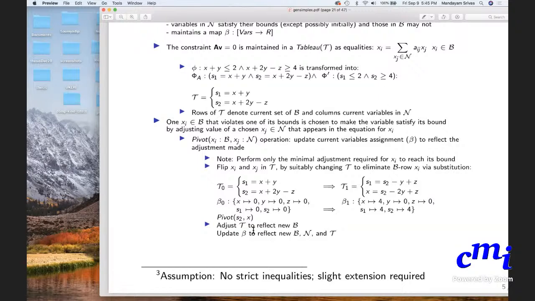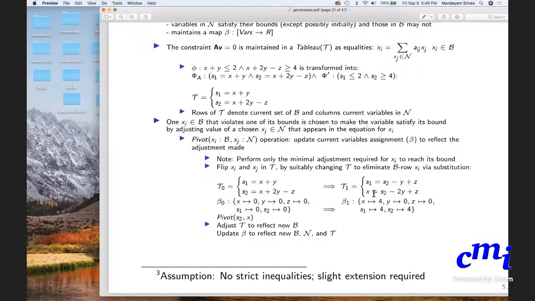And then S2 will have to be moved to the non-basic set, and X, which was previously in the non-basic set, will get moved to the basic set, and that is part of the pivot operation.